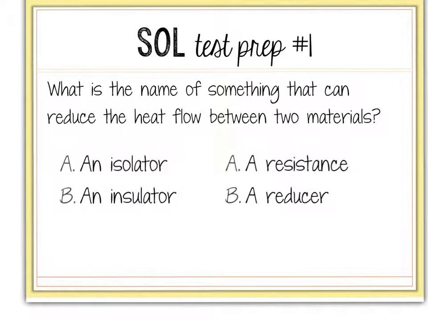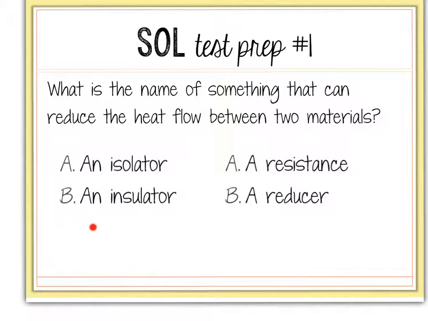Okay, so SOL test prep question number 1. This information is on your paper. I want you to simply circle the answer that you believe is correct, and then when we get to the end, we'll determine whether or not you have the correct answer. So the question is, what is the name of something that can reduce the heat flow between 2 materials?